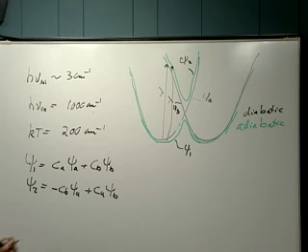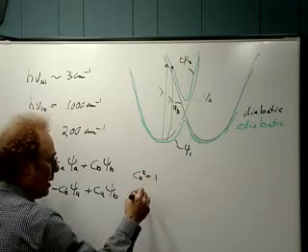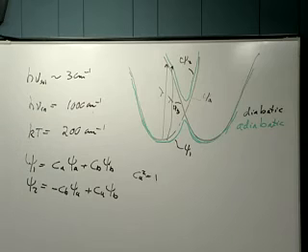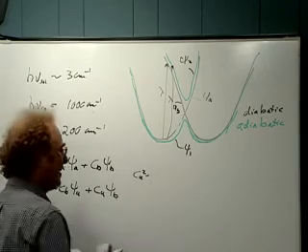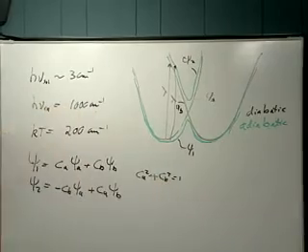And the coefficients are such that Ca squared plus Cb squared equals 1. They're normalized.